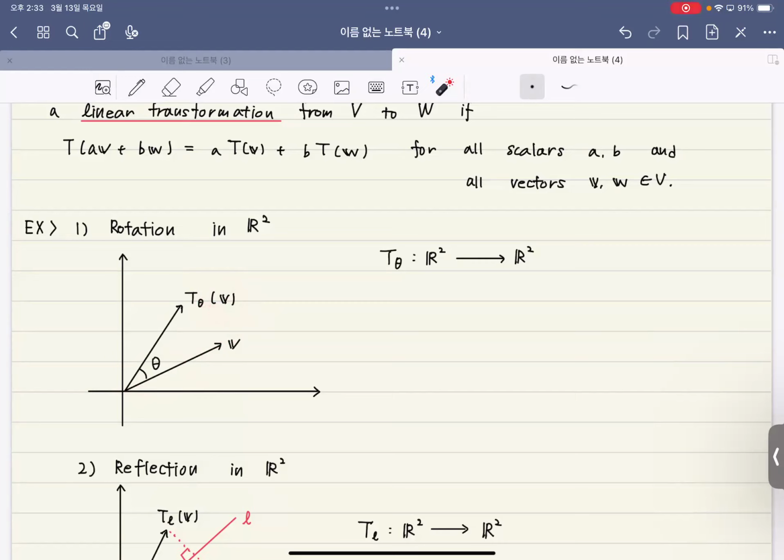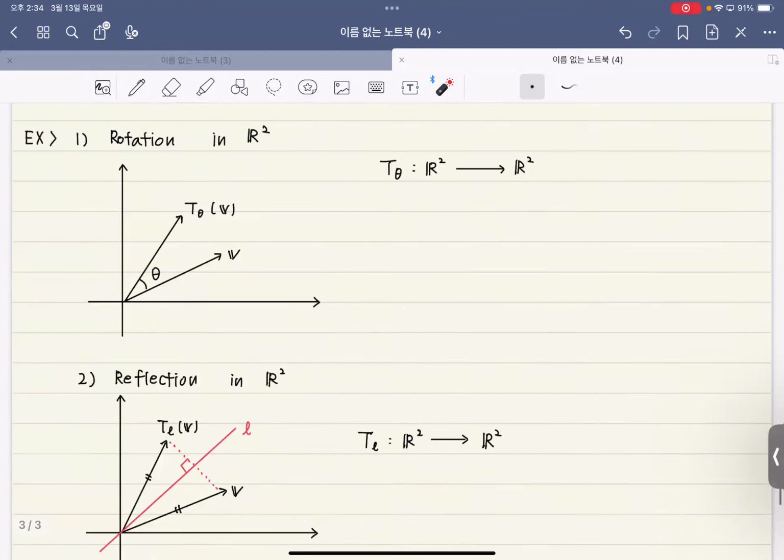Also suppose that you stretch this vector by a factor of 7. Then T theta of 7v is going to be the same as T theta of v transformed first and multiplied by 7. They are the same thing, right? So clearly, this rotation is a linear transformation.